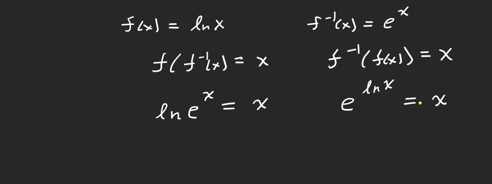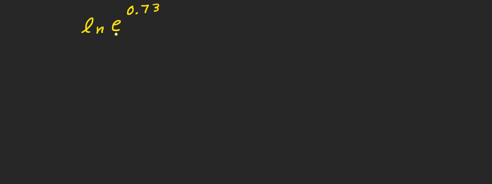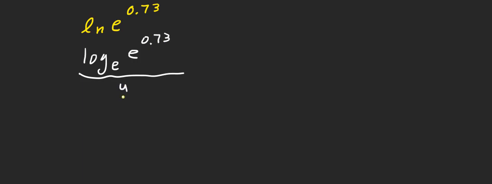So let's evaluate natural log of e to the 0.73. Well, you know that natural log is log base e of e to the 0.73. So let's call this whole thing y because log is exponent.